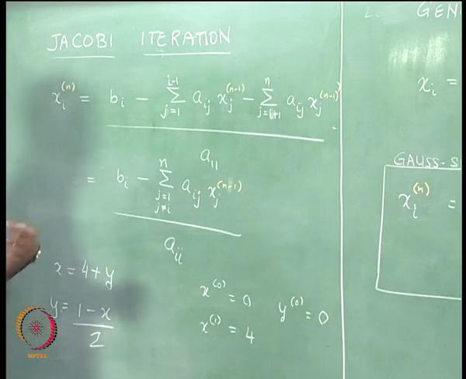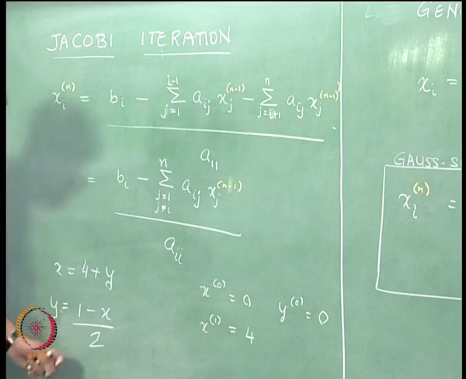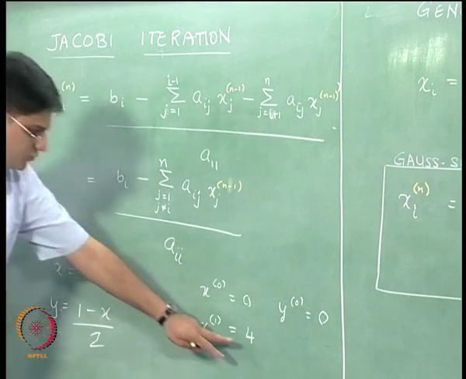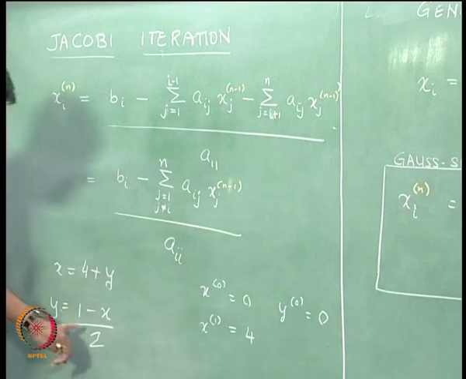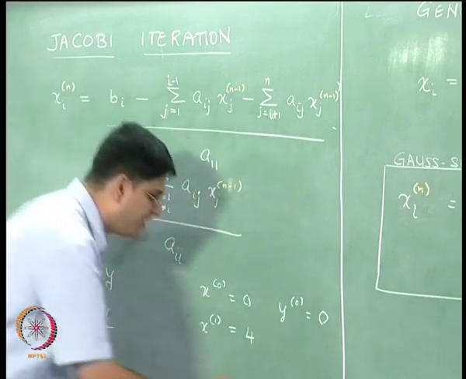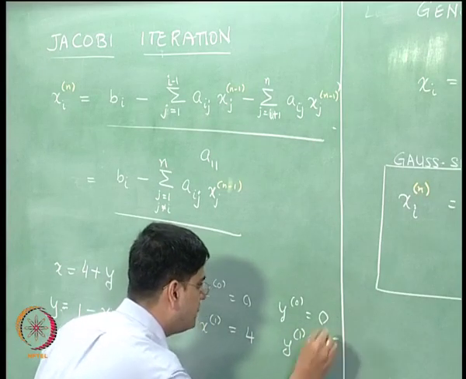But what we do in the Jacobi iteration is instead use the x0 and y0 values themselves in these equations. So we do not use the latest value, we actually use the previous value x0 in this equation, so that y1 we are going to get equal to 0.5.